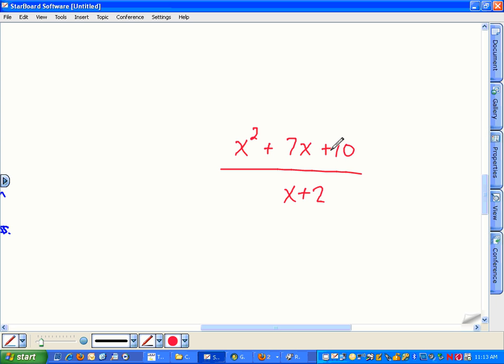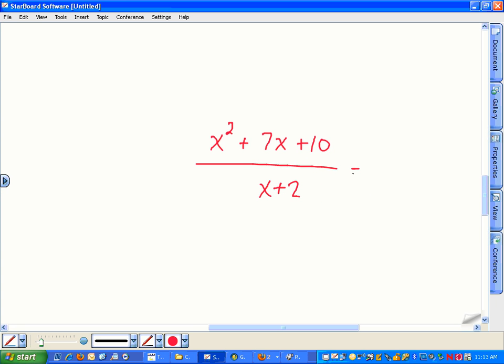But what do you notice about the numerator? What can you do to the numerator? What multiplies to 10 adds to 7? So doesn't it factor? So you take an expression and make two smaller expressions out of it. Does that make sense? We've taken this entire expression and made it into the product of two different expressions.